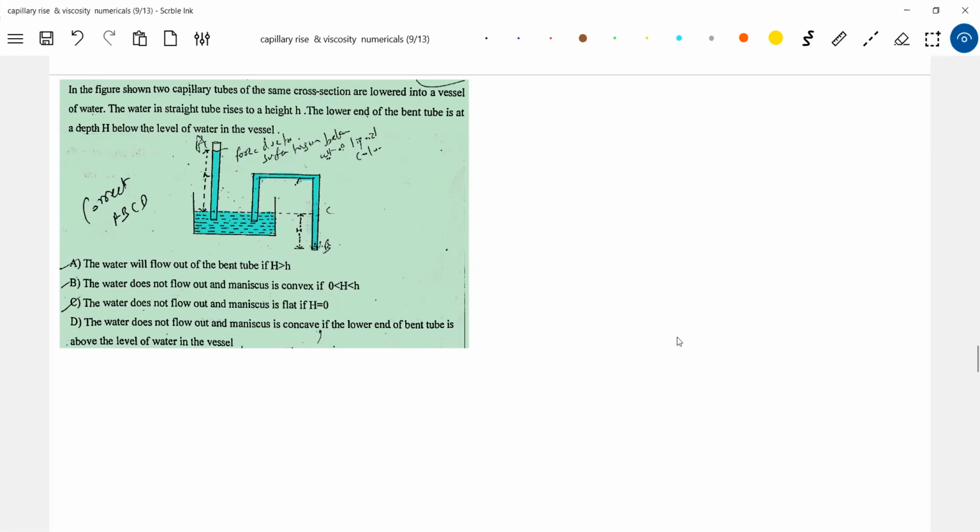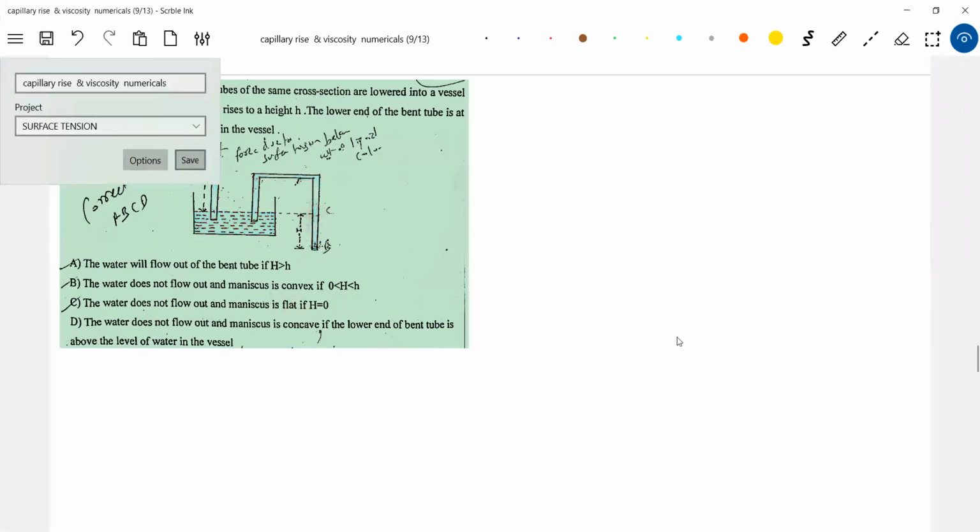The force due to surface tension can balance this much of H. If H is greater than capital H, the water will flow, correct? The water does not flow out and the meniscus is convex if H is less than capital H. Justified, no? So here it will be this shape. Again, the water does not flow, and if capital H is equal to 0, the meniscus will be flat.